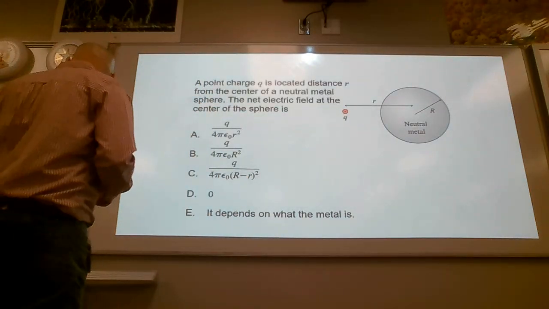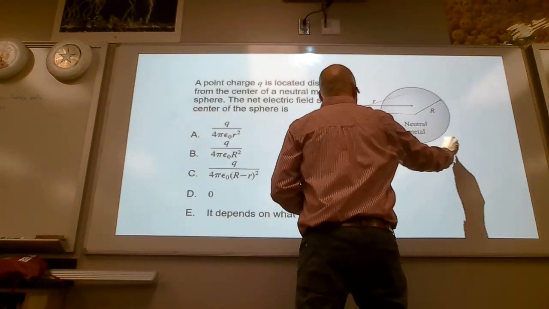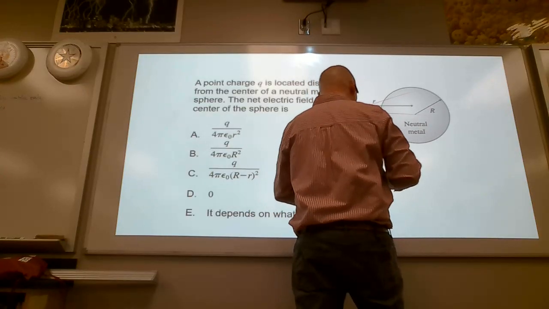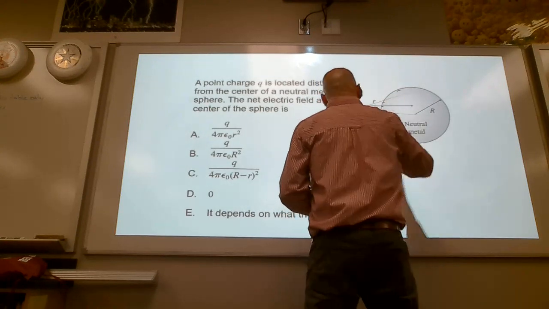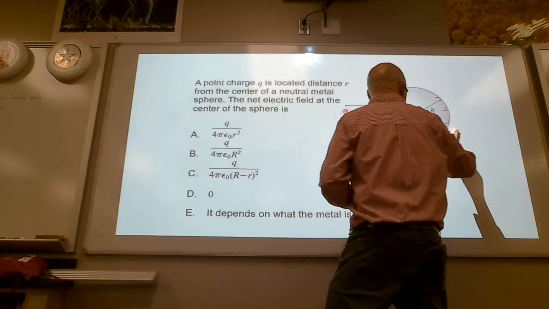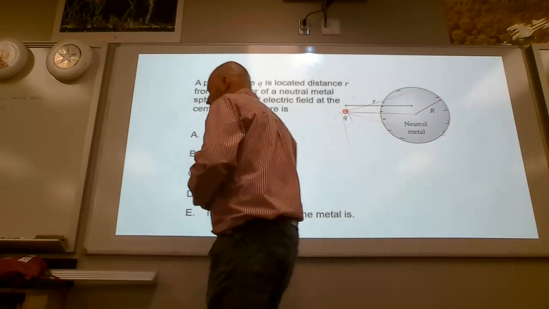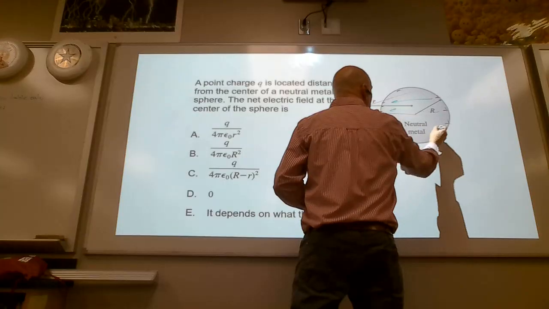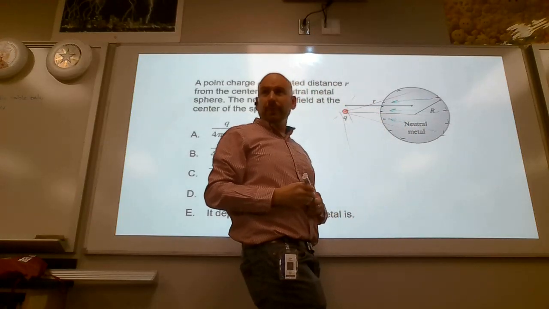So this creates its own electric field, going outward. And this polarizes, creating its own electric field that counteracts, so that the net electric field is equal to 0.